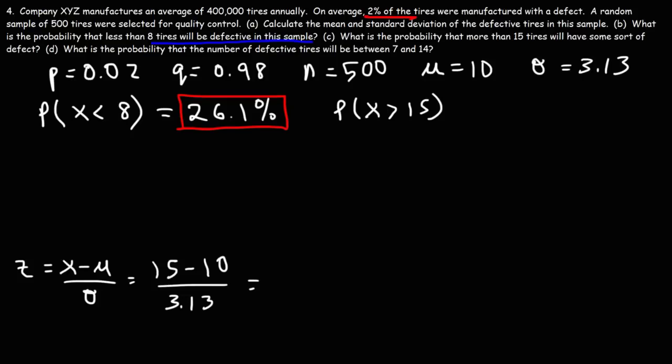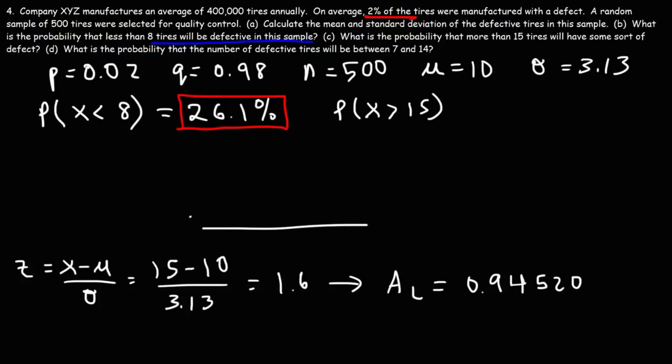So that's 5 divided by 3.13. And so that's 1.597, but we're going to round it to 1.6. So that's the z-score. Now, using the positive z-table, 1.6 corresponds to an area of 0.94520 from the left.